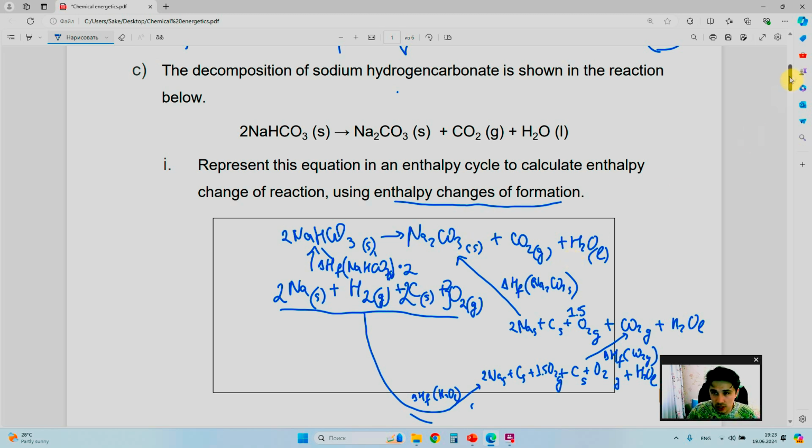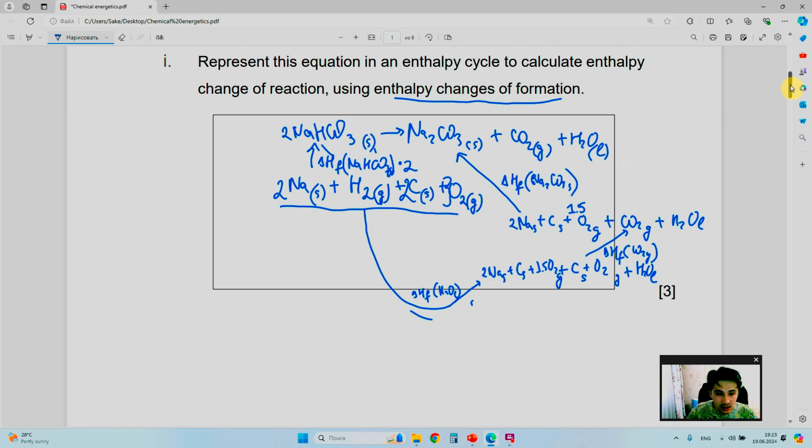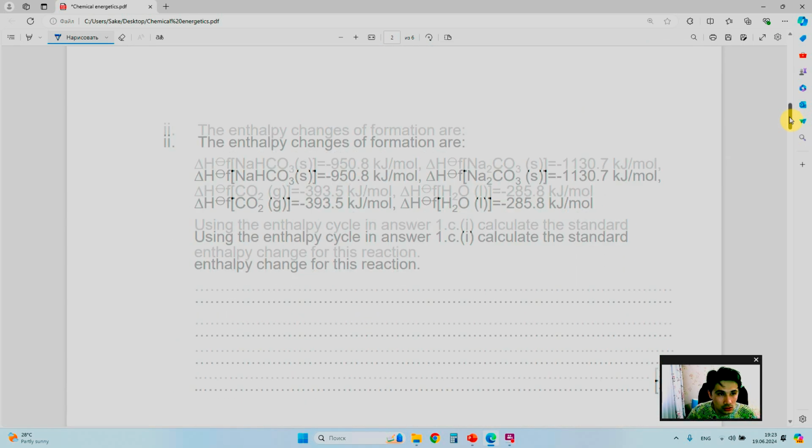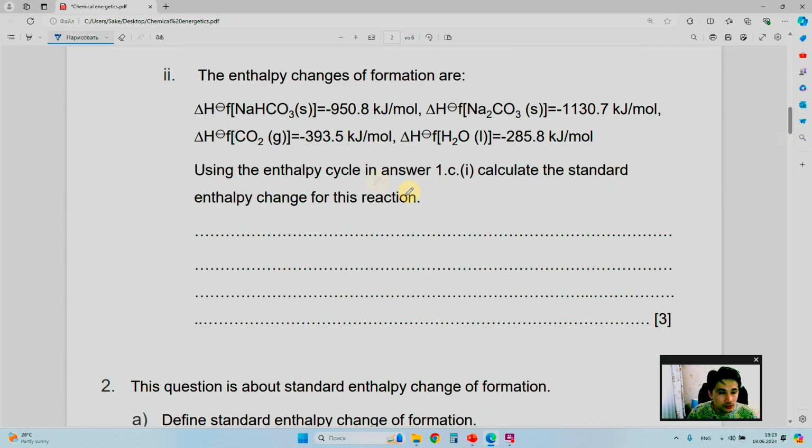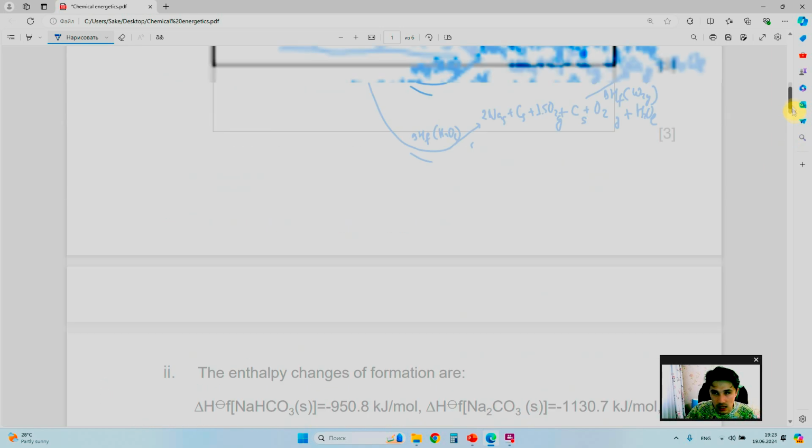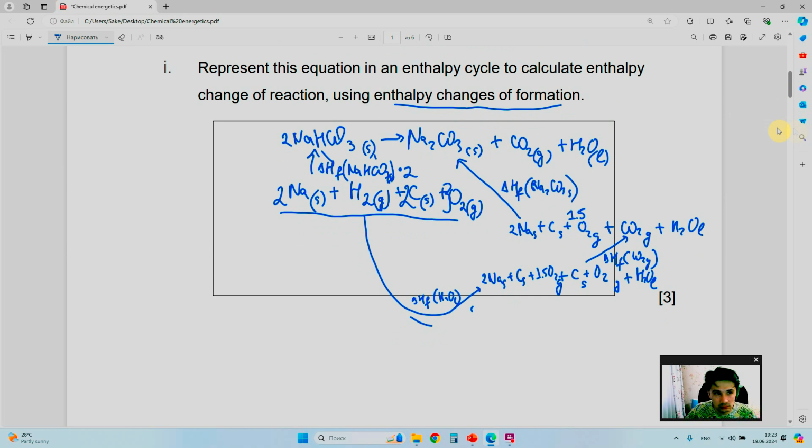Okay, next question is related to that cycle. So you need to use that formation enthalpies to calculate the enthalpy change of your reaction. So the first reaction. But before, I forgot to tell you how can you earn 3 marks. So 1 mark is usually given for all reactions balanced.